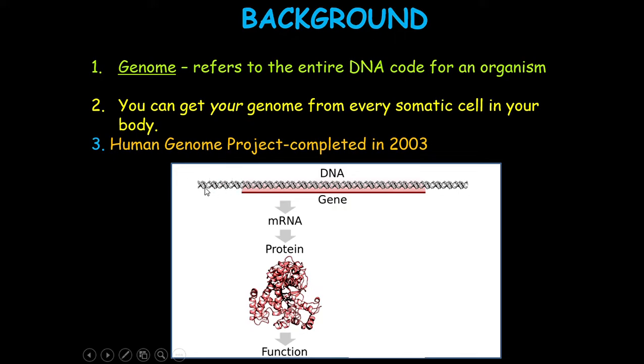Now, the Human Genome Project was completed in 2003. It took a handful of people and actually mapped, using complex machines, every A, T, C, and G in the right sequence, all the DNA in the right sequences for a handful of people. Since then, the technology's gotten better, and we can do it pretty quickly now.